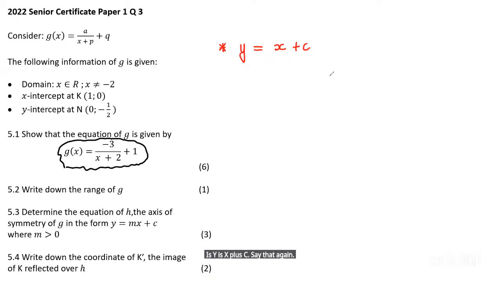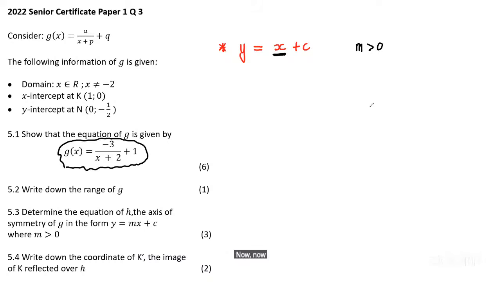Are you saying that for a hyperbola there's a positive axis of symmetry? Yes. How is it written? Y is x plus c. Notice that the gradient or the coefficient of x is 1. It's positive. In other words, here m, the gradient, is greater than 0.